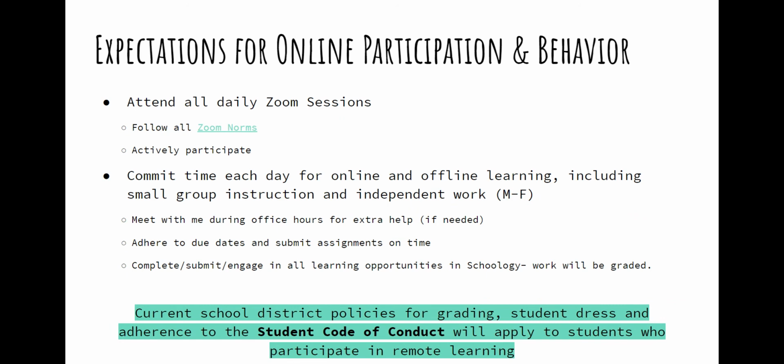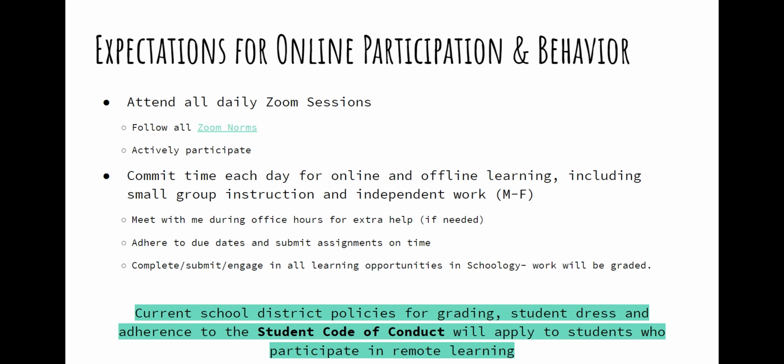Some quick little things about expectations for online participation and behavior. The expectation is that students will attend all daily Zoom sessions and follow all the Zoom norms that we're going to talk about in just a minute. And I also ask that students actively participate. Participating in the activities is going to really help your student learn the material and stay on board and on track. This can be communicating through chat, communicating using the microphone function, and participating in any online activities that we do during class and during the day.